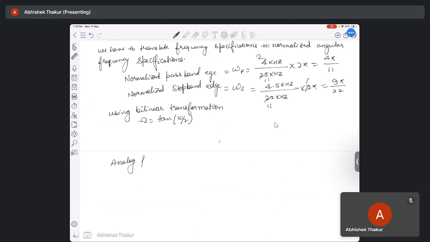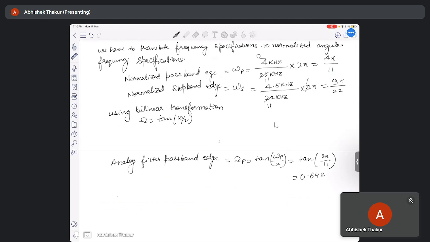Analog filter pass band edge is equal to tan omega p by 2. So this will be tan 4 pi by 22, which is 2 pi by 11. When you calculate this value, you will nearly get 0.642.